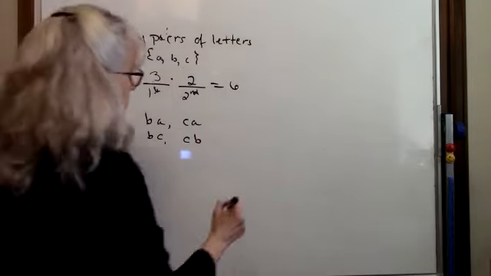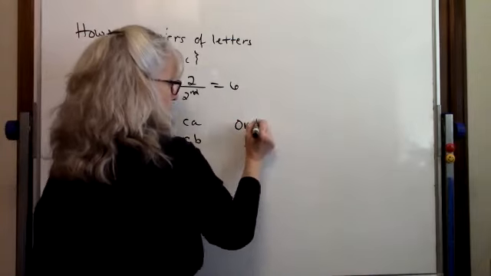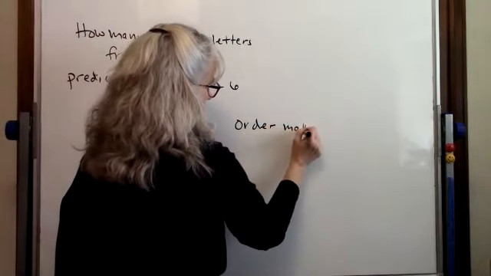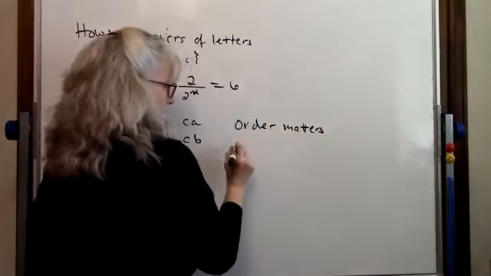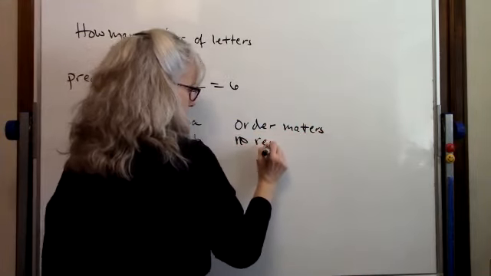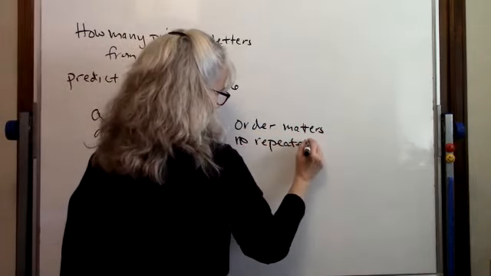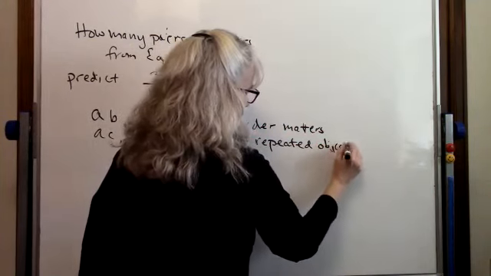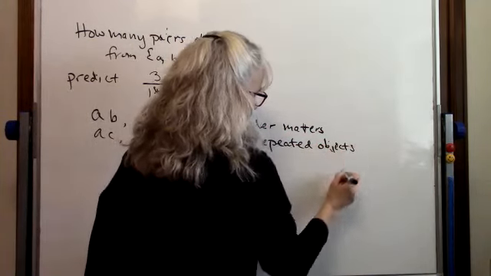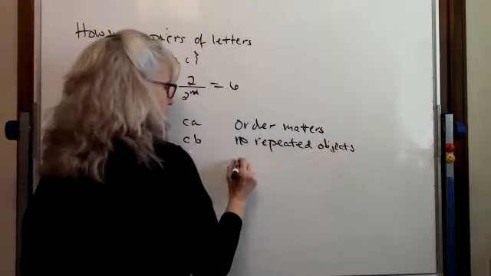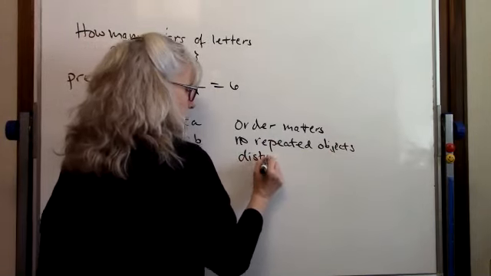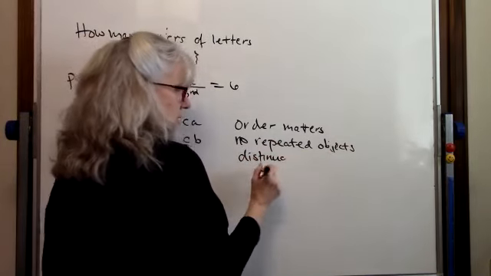So in this case, when the order matters, also there are no repeated objects. So I didn't repeat an A with an A or a C with a C. So no repeated objects. And then finally, they're distinguishable, which means you can tell the difference between them.